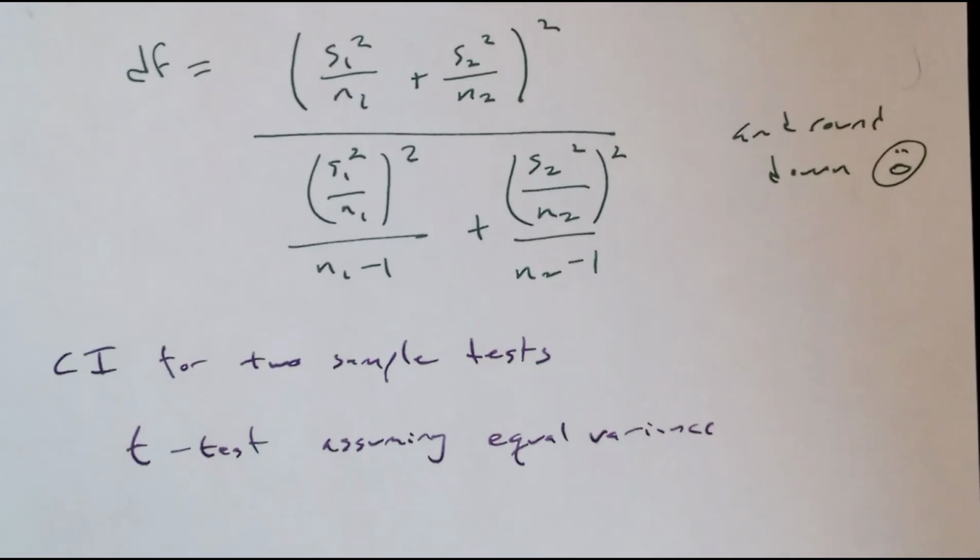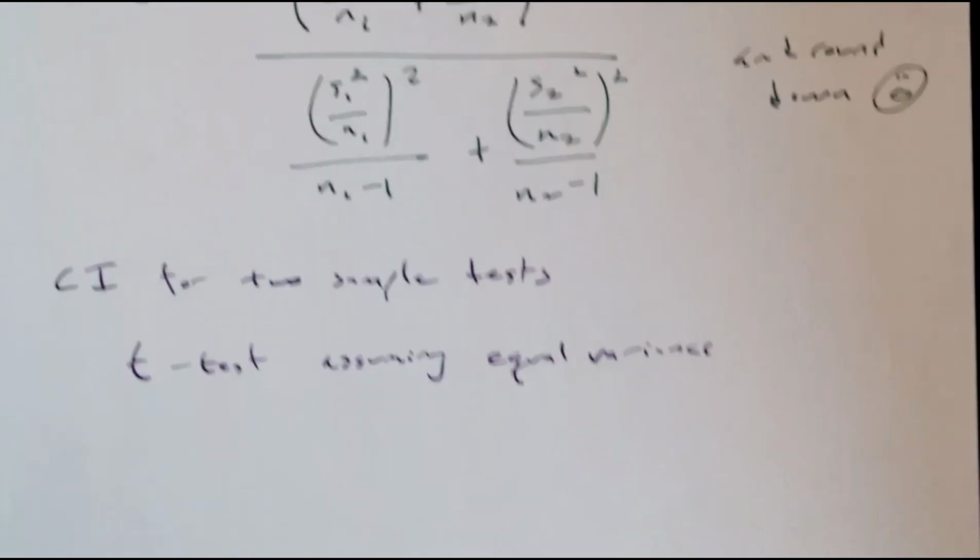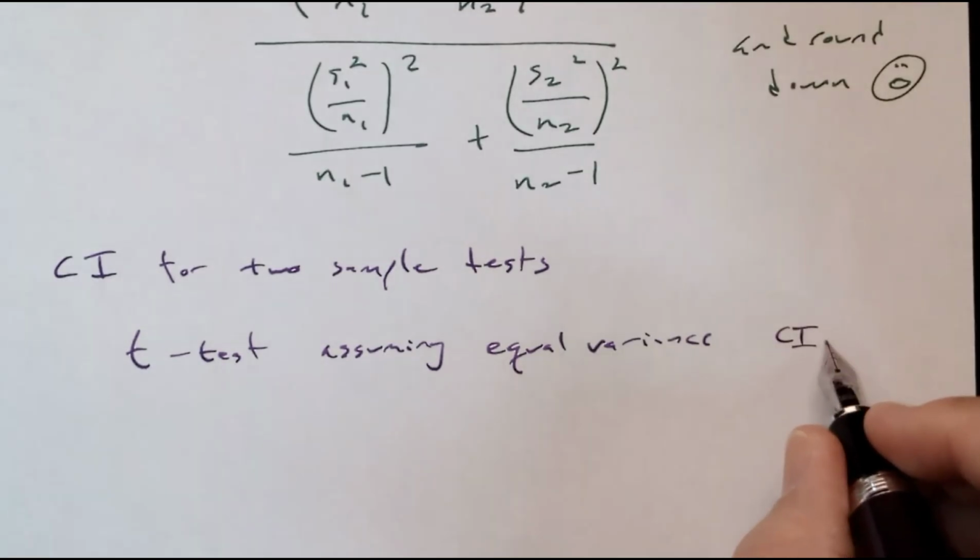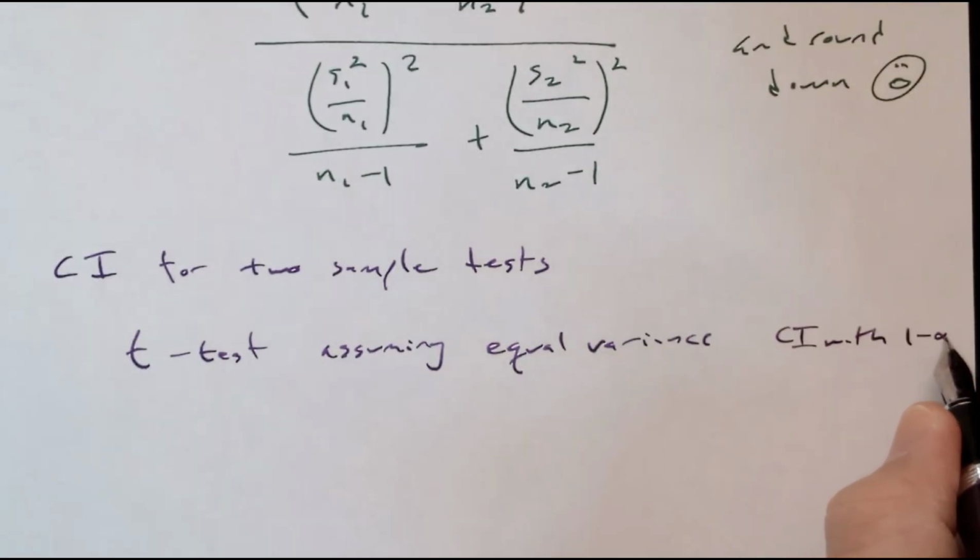then I'm going to do the same thing I did for a confidence interval of size 1 minus alpha. Remember, if we were doing a 95% confidence interval, then my alpha was 5%. If I'm doing a 90% confidence interval, then my alpha is 10%.